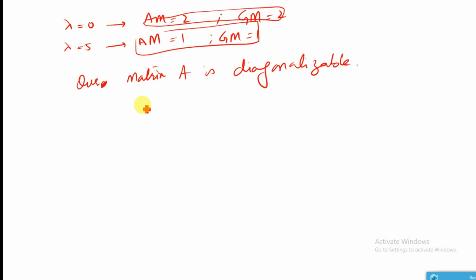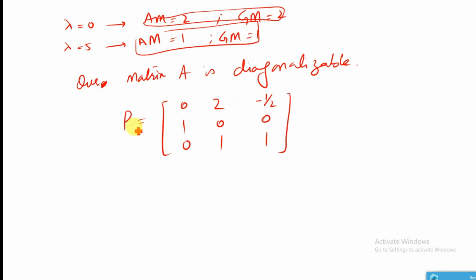Now we need to gather these three eigenvectors in the form of a matrix P like this. For lambda equal to 0, we have two vectors. We can write this combined in the form of a matrix like 0 1 0 and 2 0 1, and for lambda equal to 5, we have one more vector, that is minus 1/2, 0 and 1.